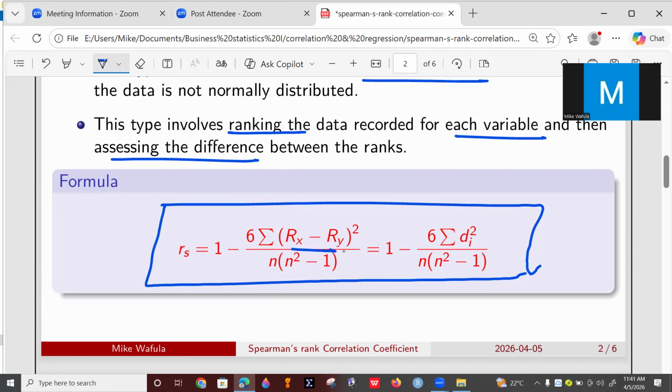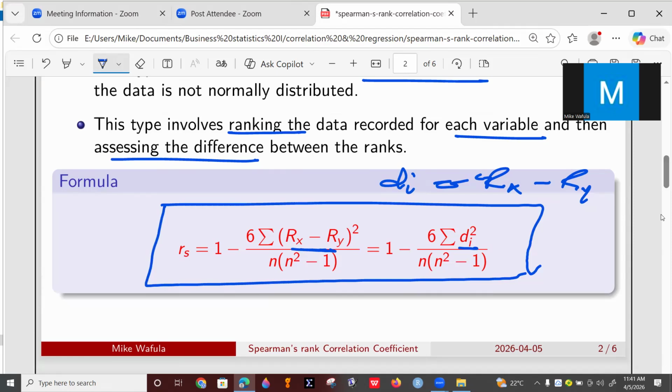The Rx minus Ry can be represented as di. So di is the same as Rx minus Ry, but it can also be Ry minus Rx. Remember, we are squaring the differences, so it doesn't matter whether you write Rx minus Ry or Ry minus Rx, because you'll eventually get positive figures.